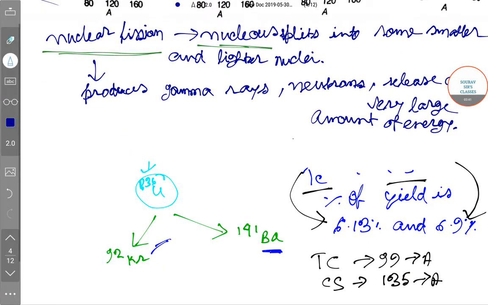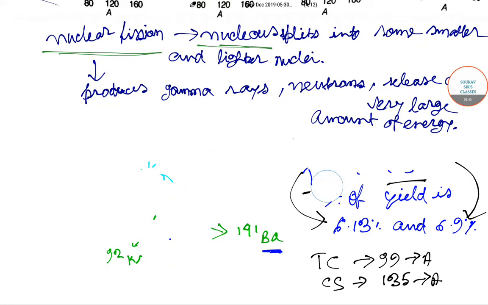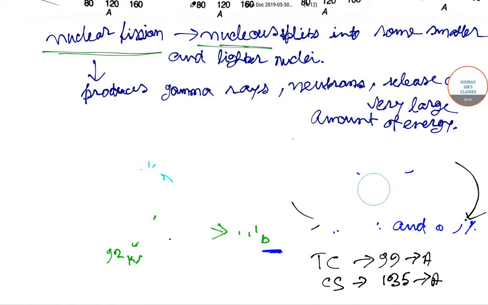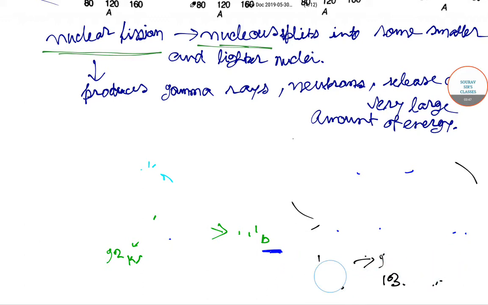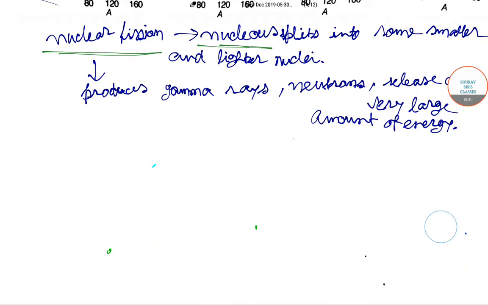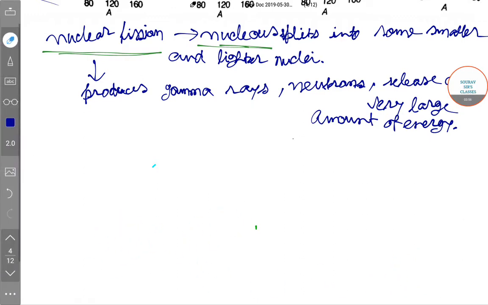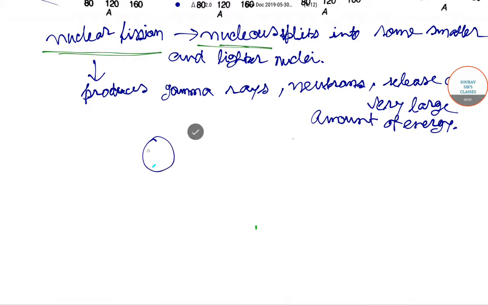So here I show an example. This is the 235 uranium nucleus.